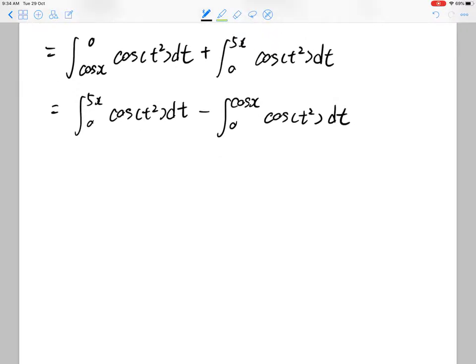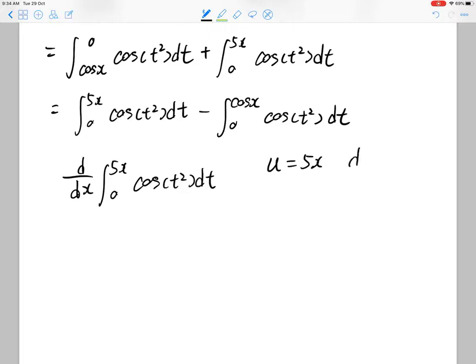Now you use the fundamental theorem of calculus. First, this part, the derivative. You can let u equal 5x, then du over dx is 5. Then d over du times du over dx is d over dx.